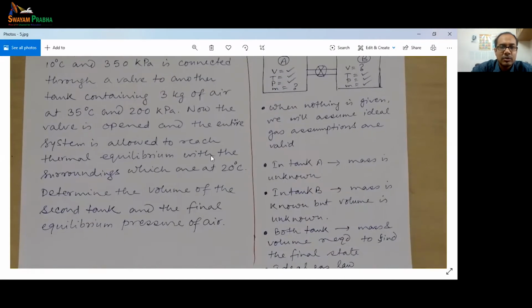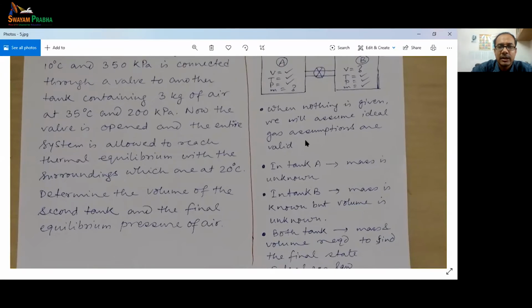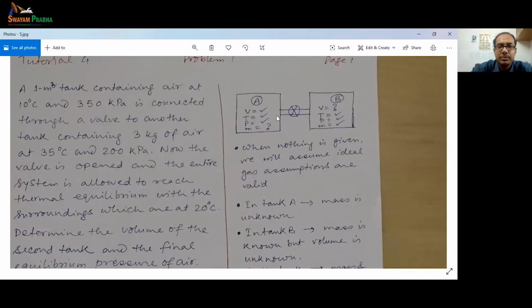Okay, so now the valve is opened and the entire system is allowed to reach thermal equilibrium with the surroundings, which are at 20 degrees centigrade. Okay, now you are opening this valve so that these can come in contact, so there will be mixing. The pressures will be equilibrated, they will be the same.